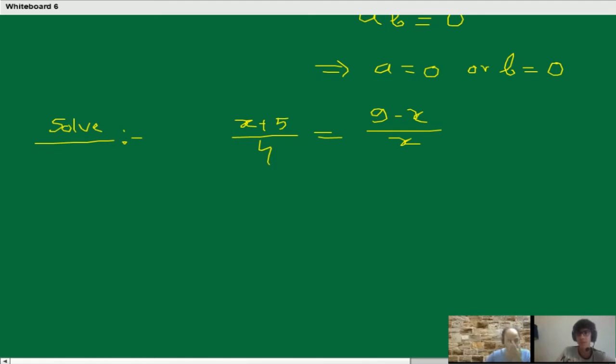Should I solve it as well and then I'll tell you the answer? Yes, you can. So x can be either 3 or minus 12.